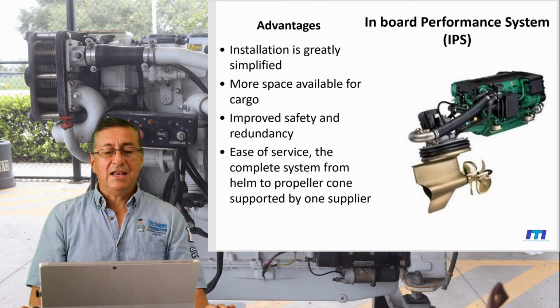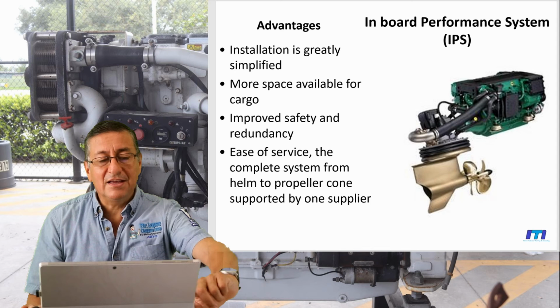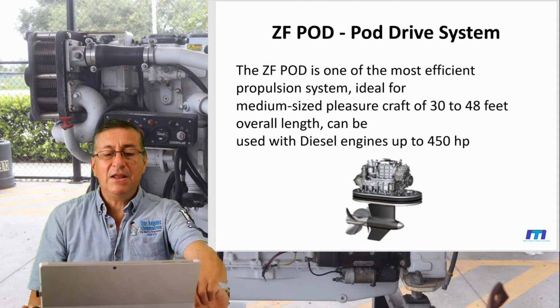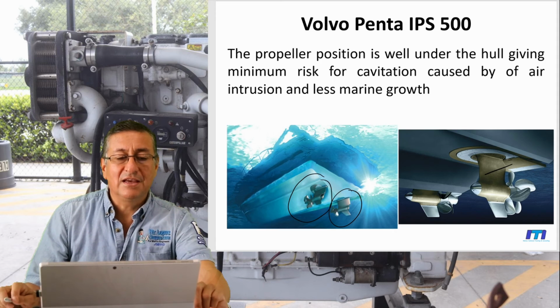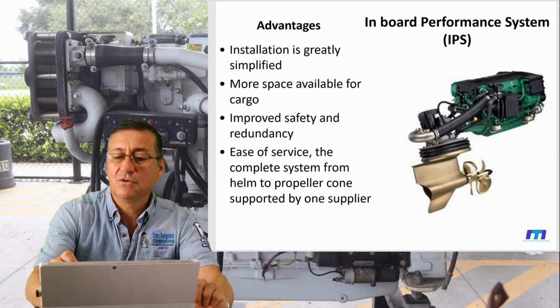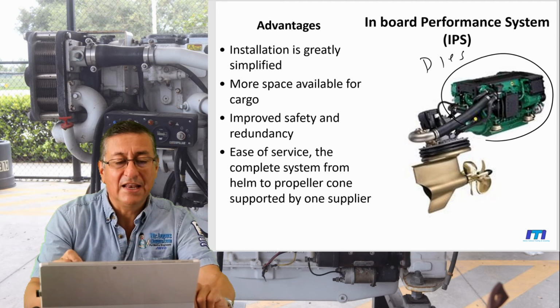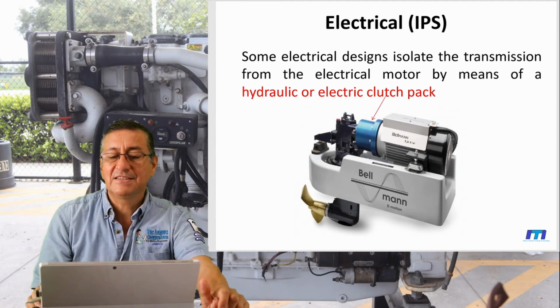I love it. And in the future, when we talk about the hybrid boats, you can replace the big diesel engine inside. You can replace the big diesel engine for an electric motor. Look at this design.